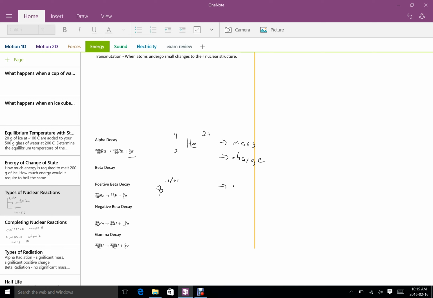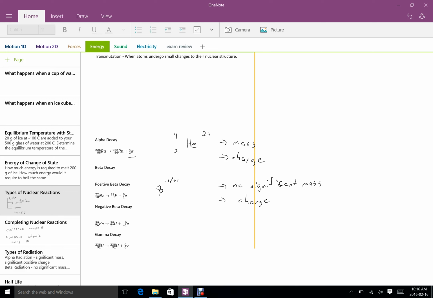Here we have no significant mass and charge. The charge could be positive or negative. Negative is our normal electron, that's what we expect. Positive is a result of the fact that antiparticles exist that have the same mass characteristics of particles but opposite charge. And so in this case, that's what we're seeing with the positron.